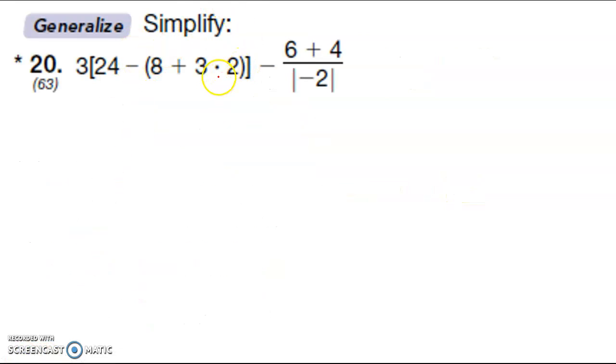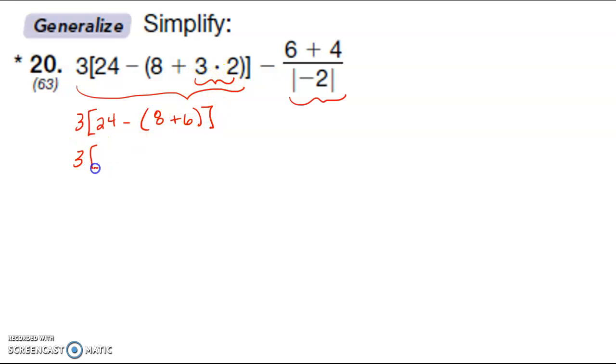All right, simplify. This is the symbols of inclusion. I'm going to tackle this first, and then I'll deal with this in a minute. So we're going to start here. I have 3 times 24, I don't want to lose any of my numbers, plus 6.